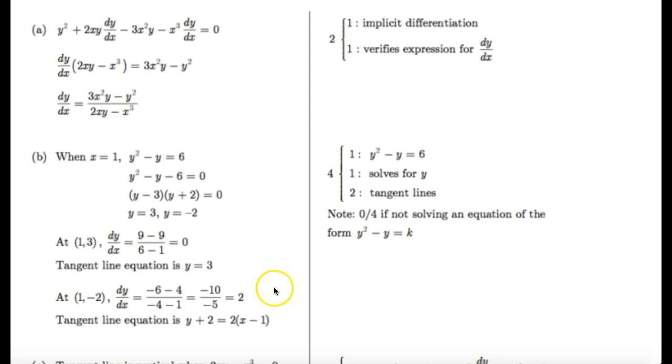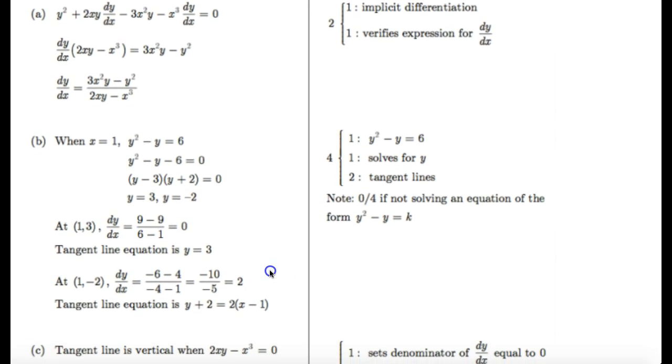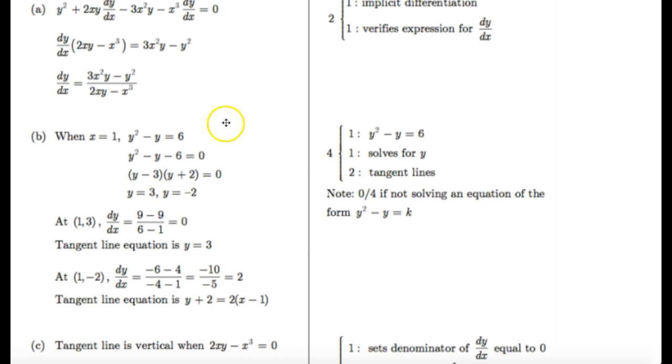Part B then is a little bit longer. That's where we first plugged in 1 and then solved for y. So just plugging in 1 and getting y squared minus y equals 6, that was a point. Then correctly solving for y, right?